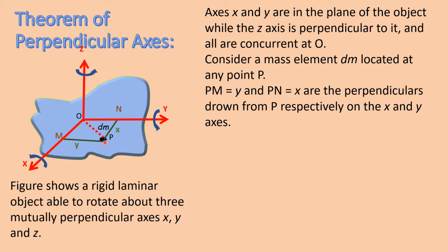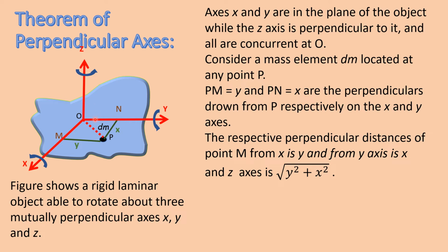Now point dm is at a perpendicular distance, say OP, from the perpendicular axis z, and it is found that triangle ONP or triangle OMP are both right angle triangles, and here we can apply the Pythagoras theorem.